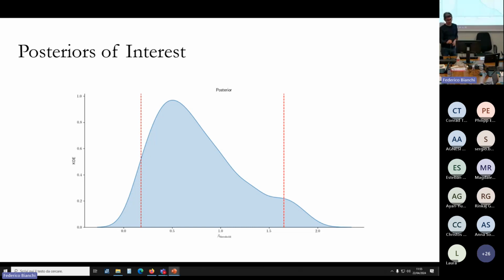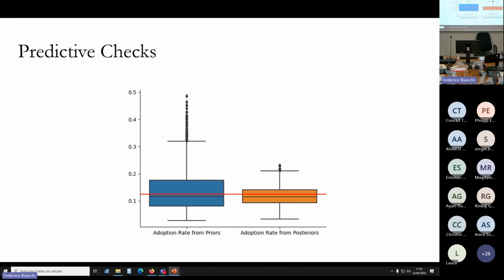Well, how do you know these are valid inferences? What you do is compare what are typically called, in Bayesian statistics, posterior predictive checks, and also prior predictive checks, and so you can perform this. So, for instance, here is the result: the adoption rate in this village arising from sampling 1,000 randomly selected prior vectors of parameters, simulating the models, and seeing the more widespread probability of adoption.